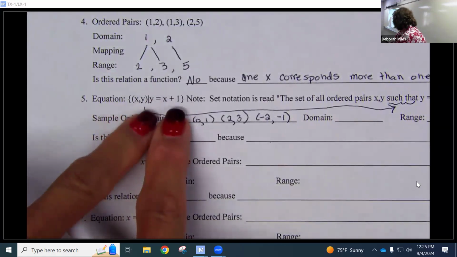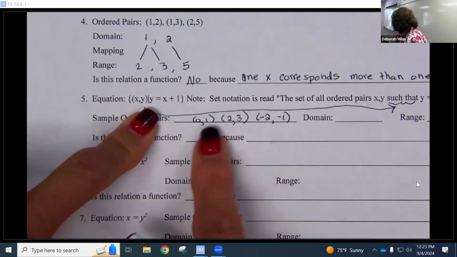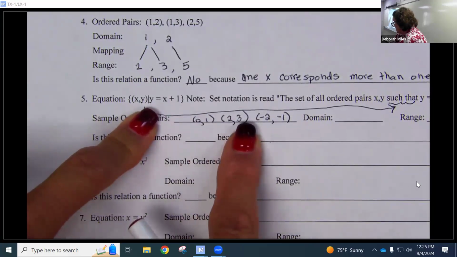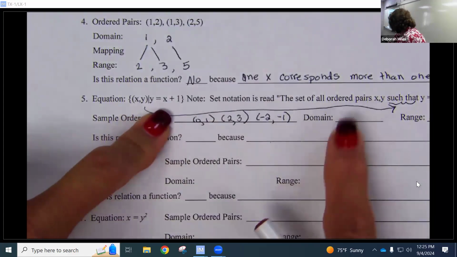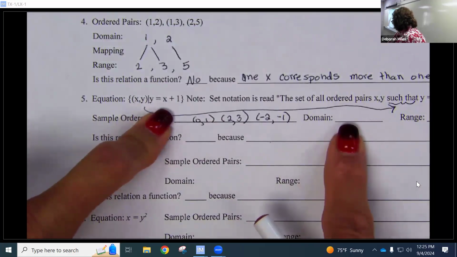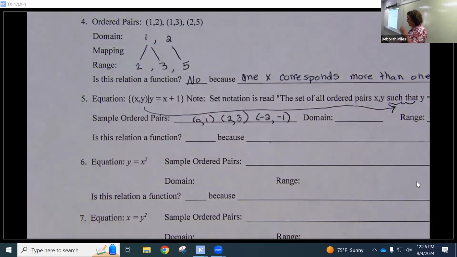So how many ordered pairs make that equation true? Only these three that make it true? There are infinitely many that make that true. Domain is the set of x's which can be used in this function. What x's can have one added to it?